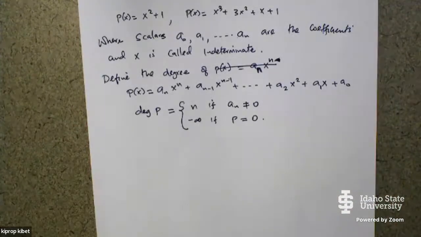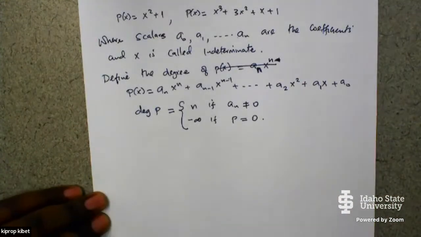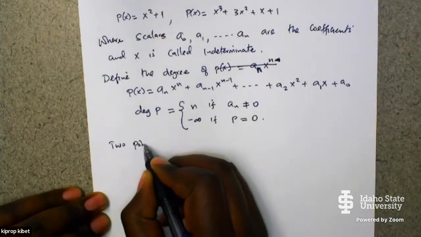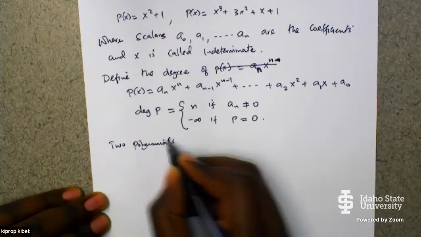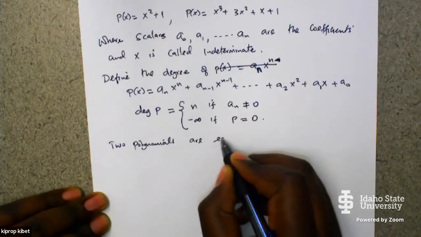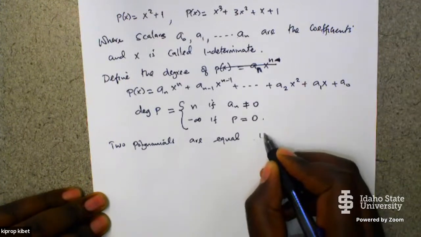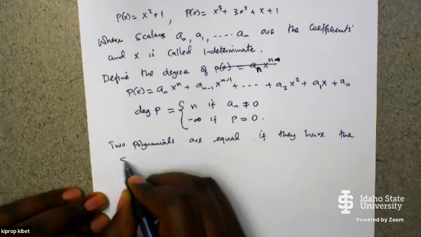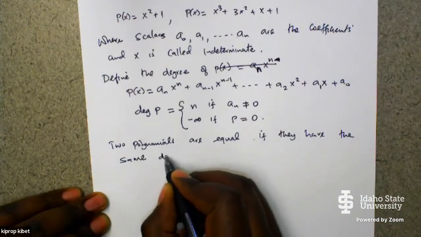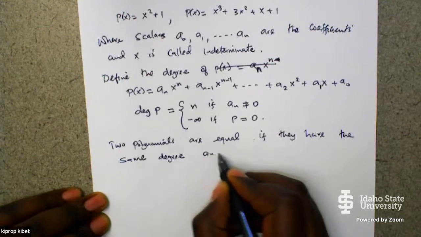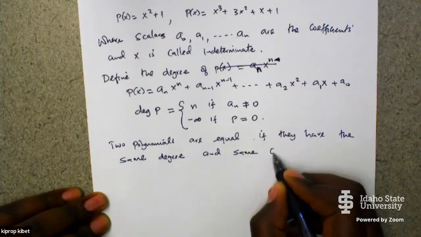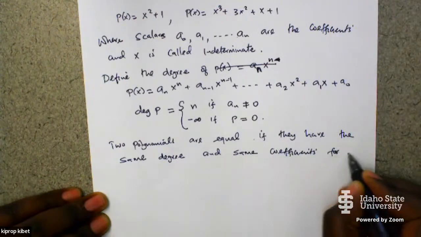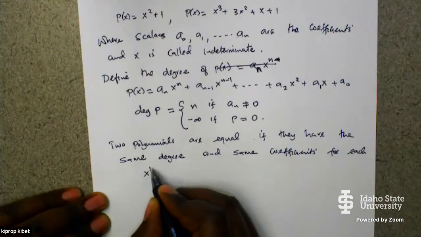Is equal to 0. Okay. Another thing: two polynomials are equal if they have the same degree and the same coefficients for each x raised to k.